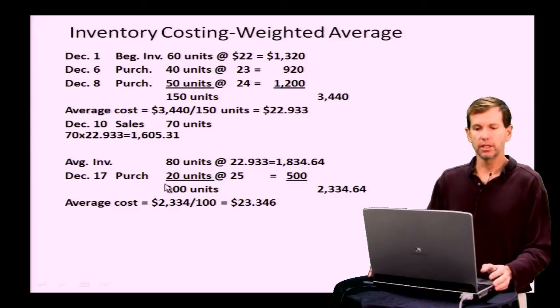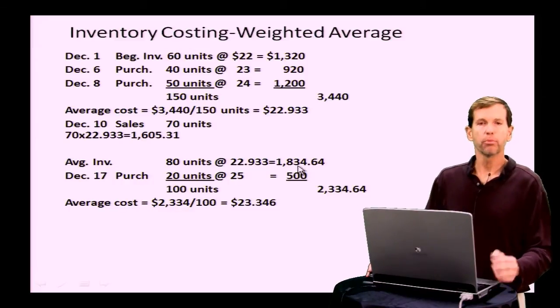And that's exactly what we've done here. On December 17th, we purchased another 20 units that cost us $25, multiplied through, and that's 500. Add that to the 1,834 that we previously have in our inventory, and that equals 2,334.